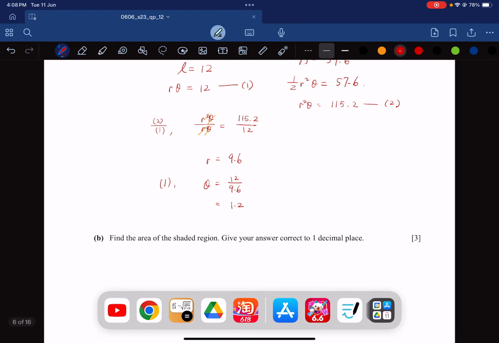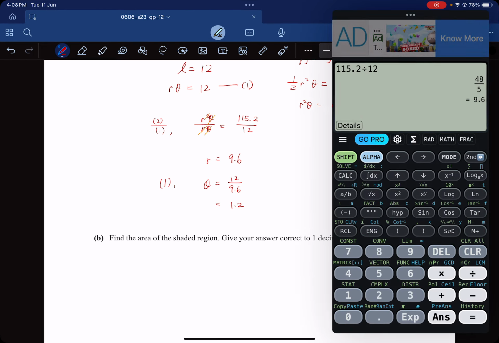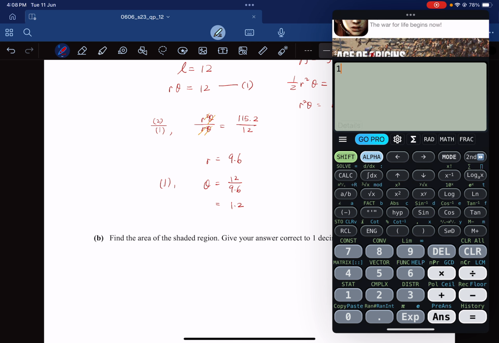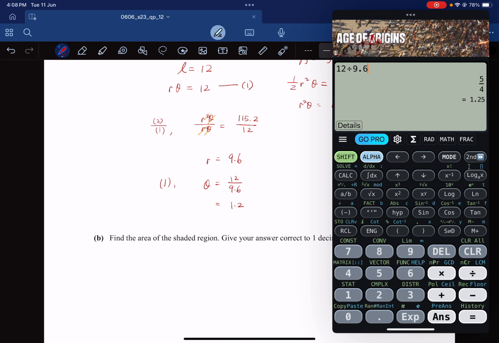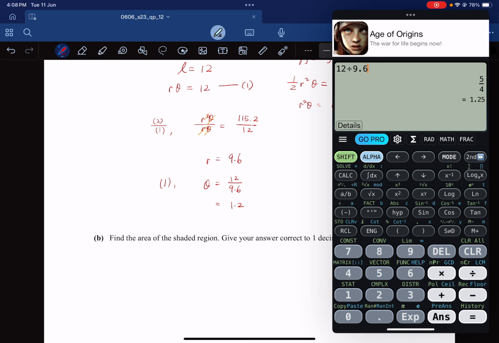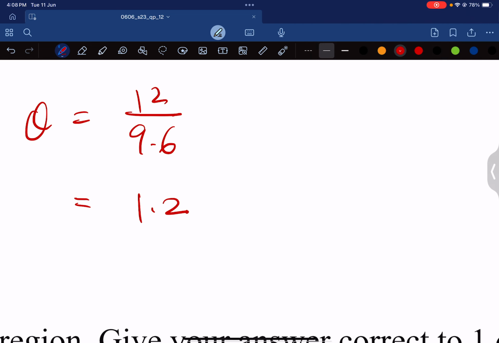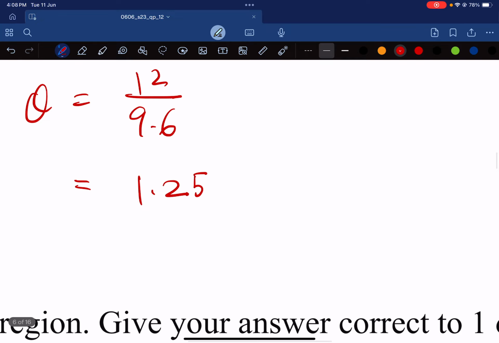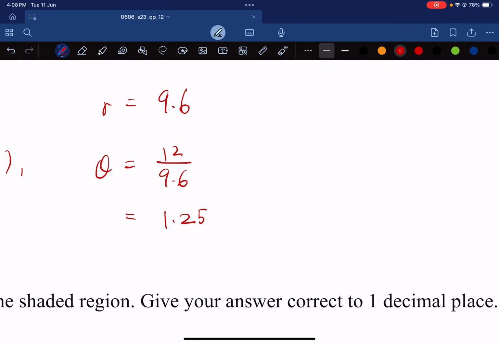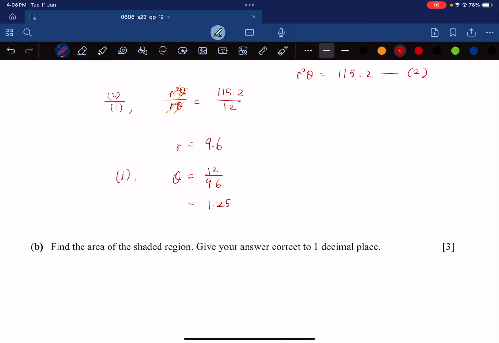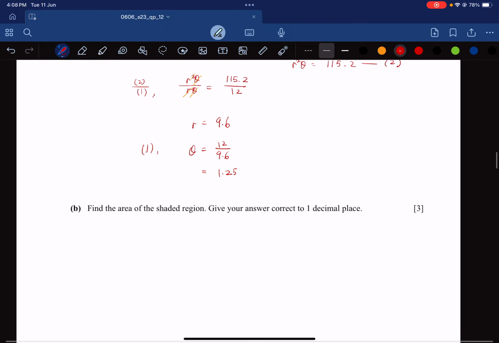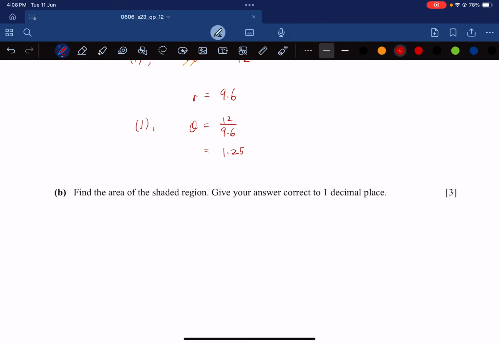Just double check: 12 divided by 9.6 is 1.25. Oh yeah, 5 over 4 is 1.25, not 1.2. Okay, 1.25.